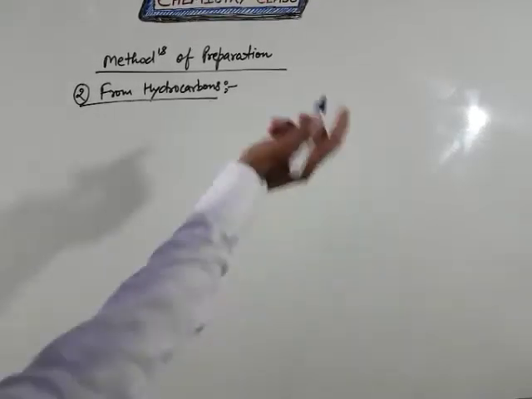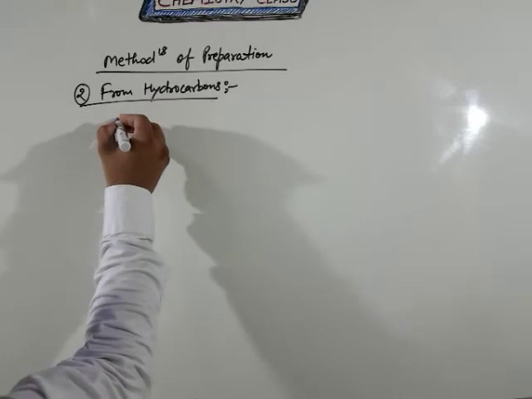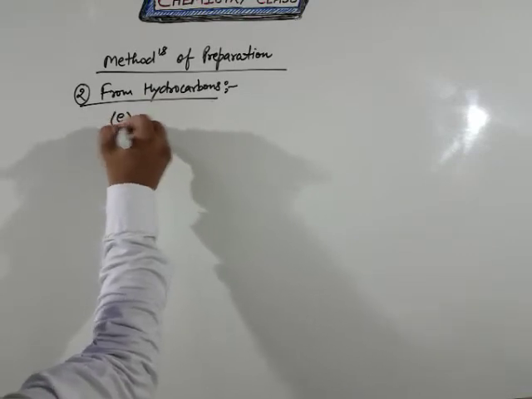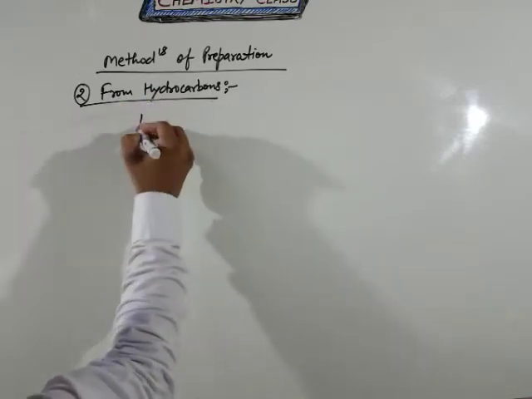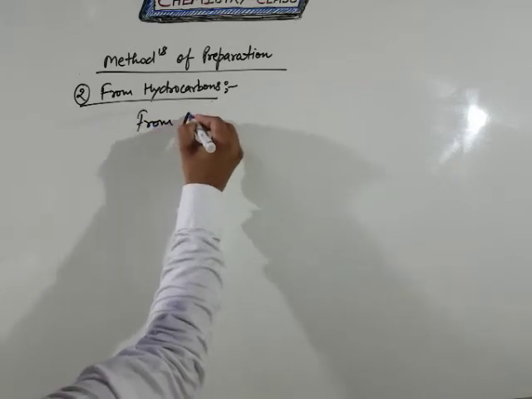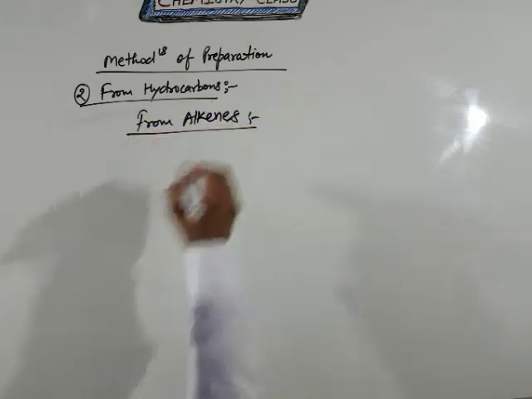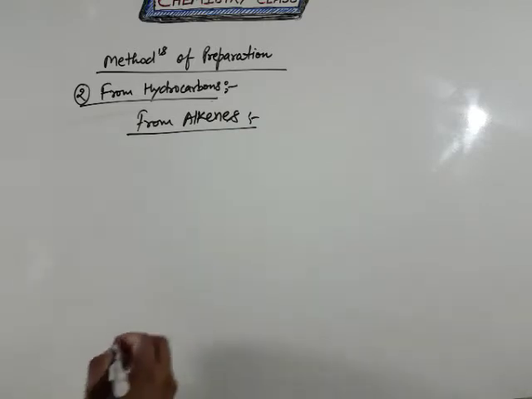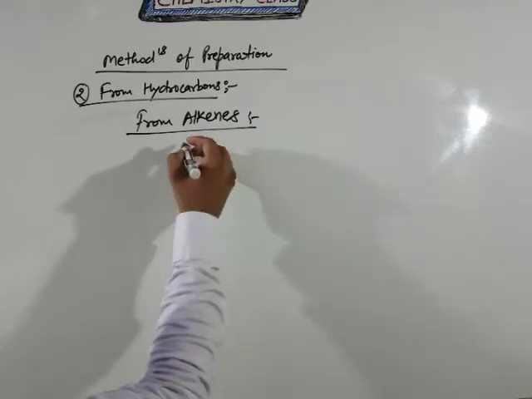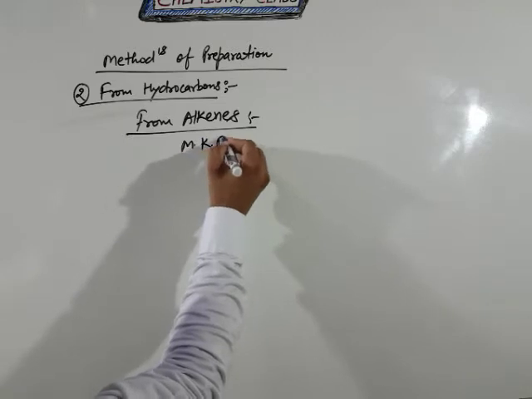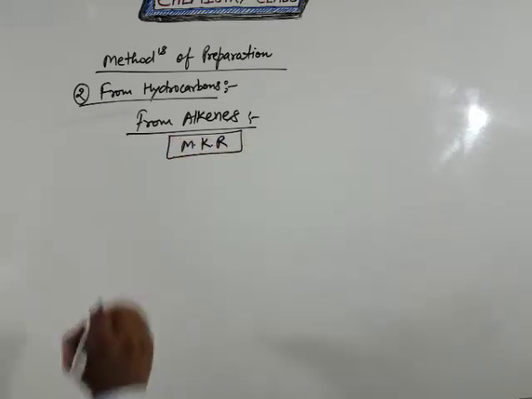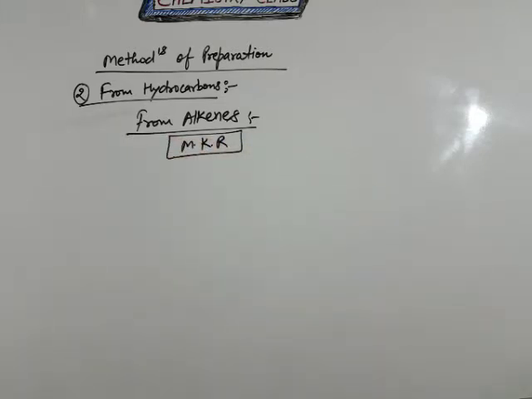Now come to the next one. If we prepare haloalkanes with the help of alkenes, so from alkenes how to prepare haloalkanes or haloarenes? So students, in this case, we follow the Markovnikov rule. So remember one thing, the Markovnikov rule is very important for the addition of hydrogen halides.